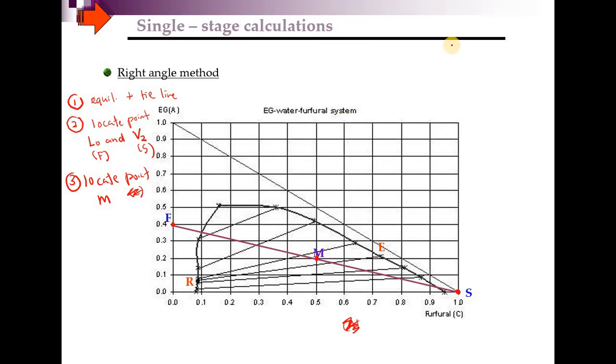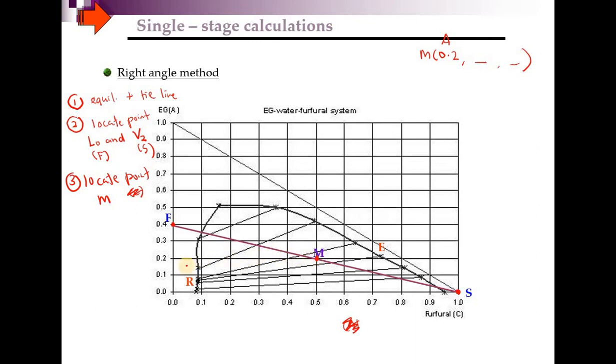Let's say for M you only have the composition of A, let's say you only have 0.2, but you cannot calculate B and C. It's okay, you put 0.2.